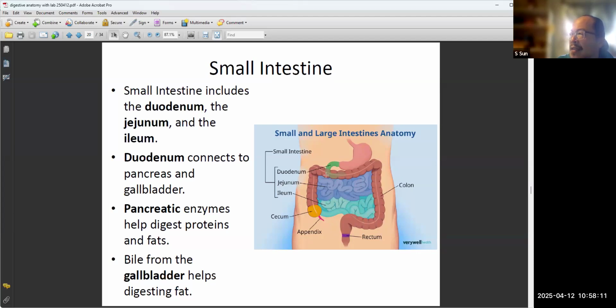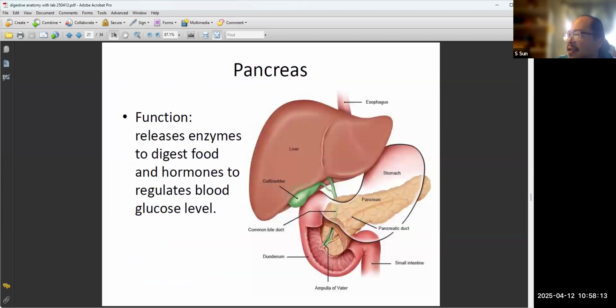So let's look at this anatomy. So here is the stomach again, connected with the duodenum. And you can see that in the very beginning of the duodenum, there is an opening. The opening connects with a tube. This opening is called the ampulla of Vater.